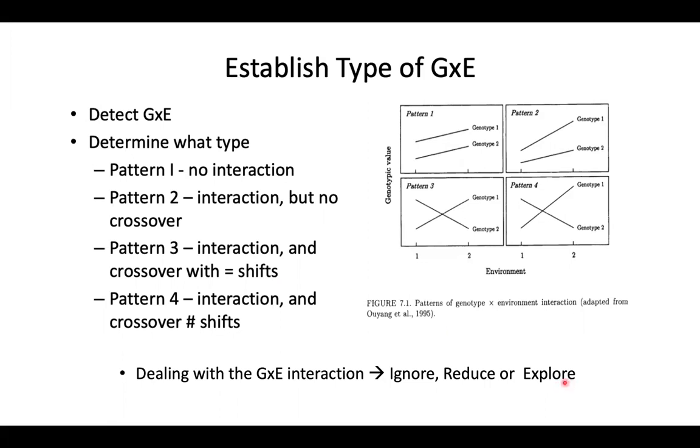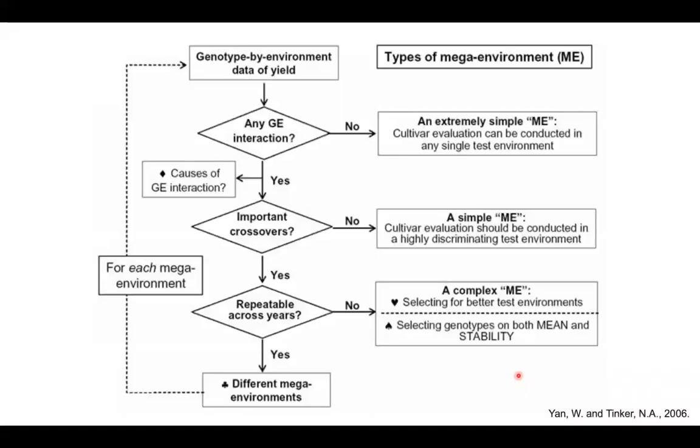Then we're going to explore the relationship of those environments so we can start assessing the stability of those hybrids within environments that are similar to each other. Here it shows the different types of mega environments and how to deal with the G by E data if you're assessing yield, for example.